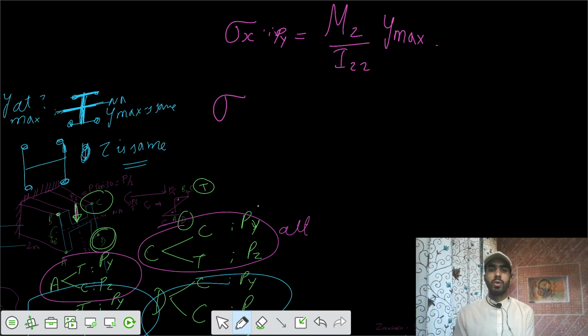And similarly, sigma in x direction because of load in z direction equals moment in y direction divided by Iyy into Zmax. This is Zmax. This is not section modulus. This is the Zmax in place of Ymax.